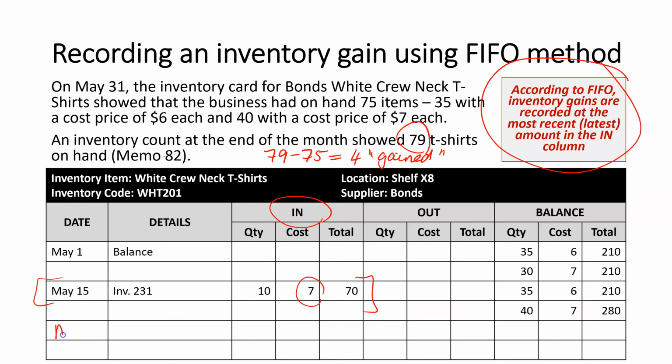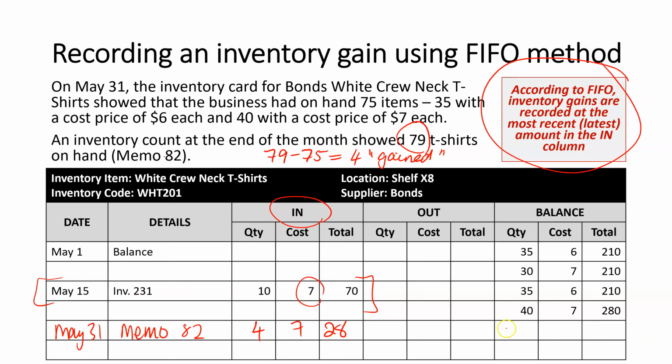So what this means is on May 31st, memo 82, we are now going to have 4 $7 units coming back into our business or being gained. So that's a total of $28 of inventory gain here.